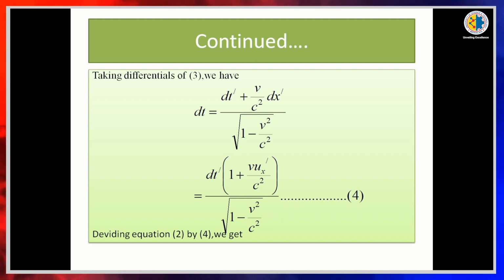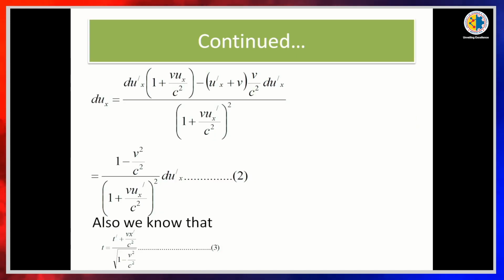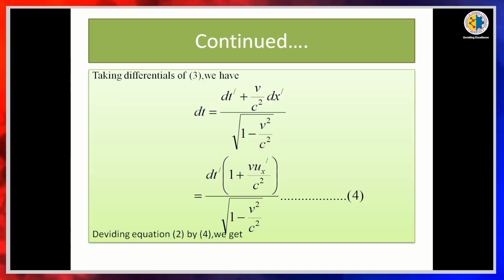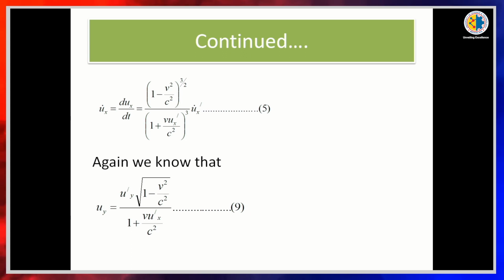Now, dividing equation 2 by 4, we get u dot x, that is dux by dt, is equal to, after calculation, (1 minus v square by c square) to the power 3 by 2 divided by (1 + v u'x by c square) whole cube into u dot x'.